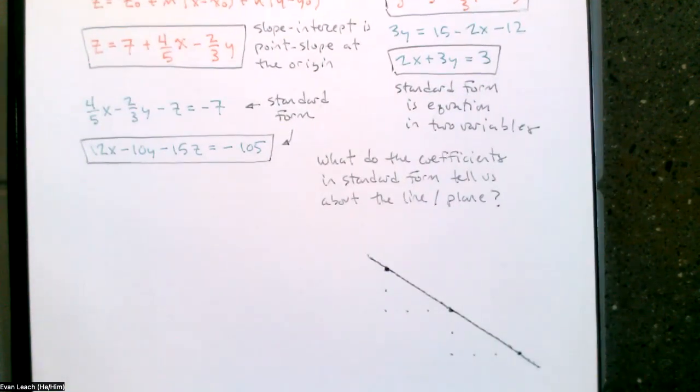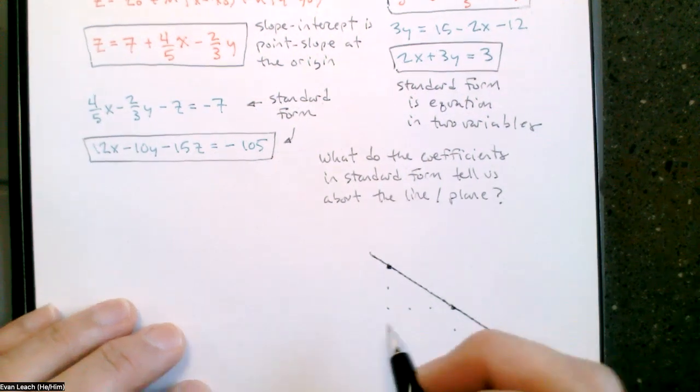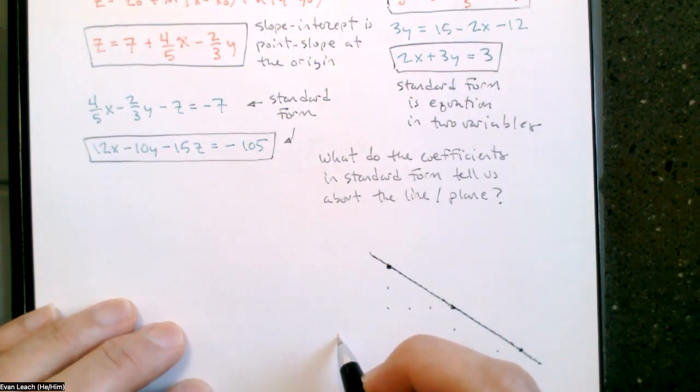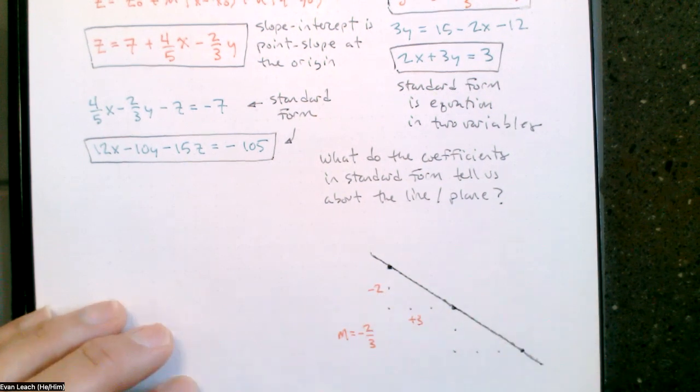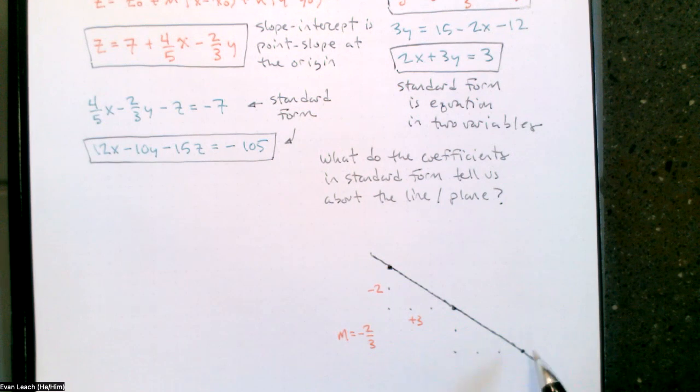There's our slope of -2/3. We go down 2 and right 3. Or we could think of going the other direction where we go up 2 and then left 3. So it could be a +2 and a -3 if we're just going the other direction. That just changes both the signs, which doesn't change the sign of the slope.